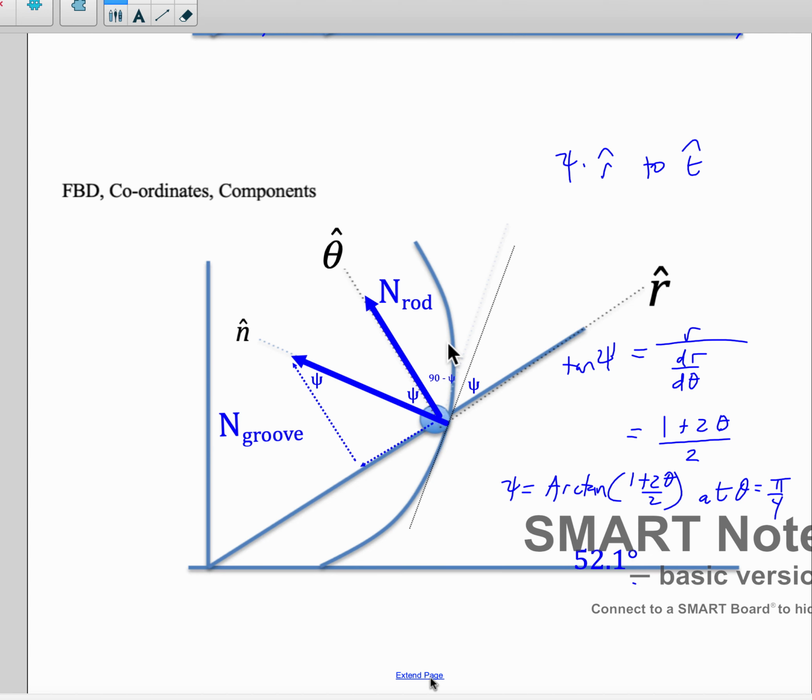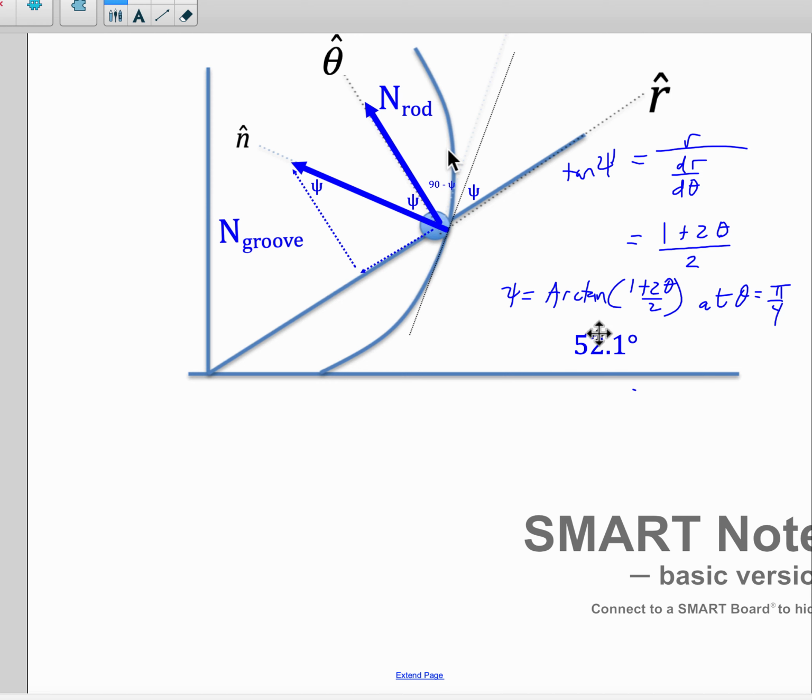Now it's kind of lost in that silly mark that I can't get rid of, unfortunately. But there you have it, 52.1 degrees. You noted that I chose to answer this in degrees, because when I'm doing an arctangent, I can answer in degrees or radians. But when I did the earlier calculation, it had to be radians. I didn't have a choice.